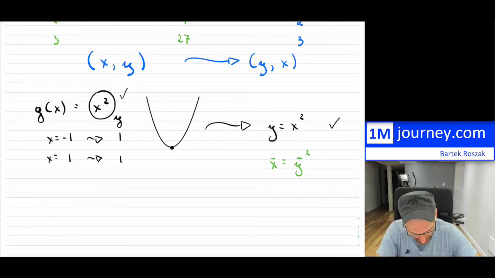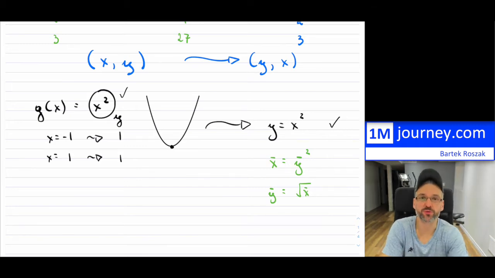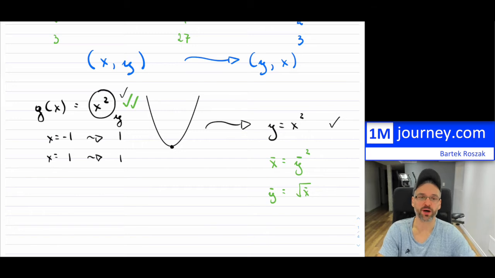And now if I isolate this, we get y is equal to the square root of x. And as you know, with the square root we have a problem with negative values, right? So this only exists for positive values, and that's why finding an inverse for this entire thing would be a problem.